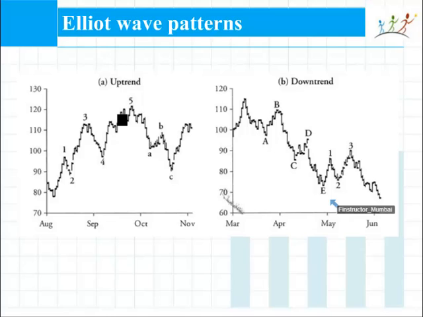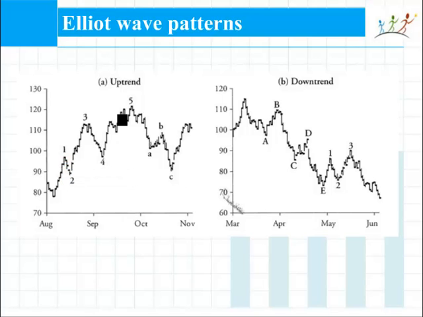Now, let's understand what the Elliott wave theory says. It says that in an uptrend, the up movement will have 5 waves, whereas the down movement will have just 3 waves. Each movement, each line is a wave. So you understand, guys, this is 1, this is 2.